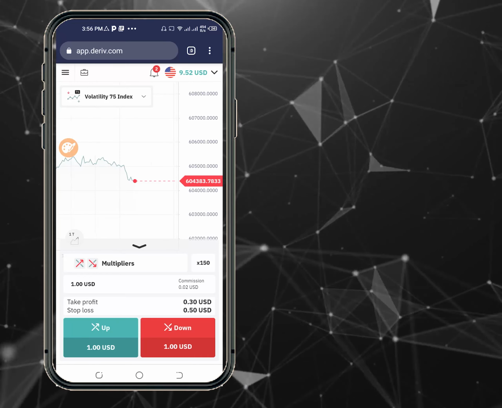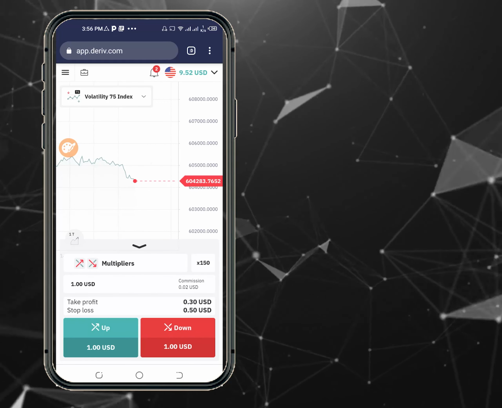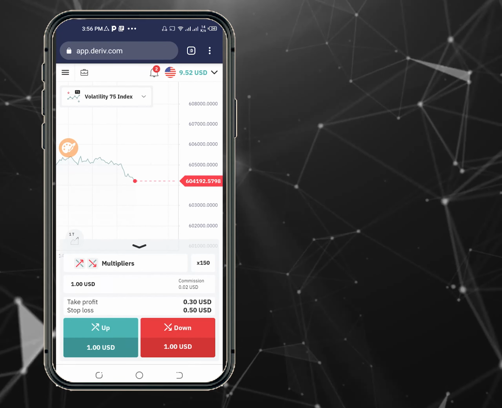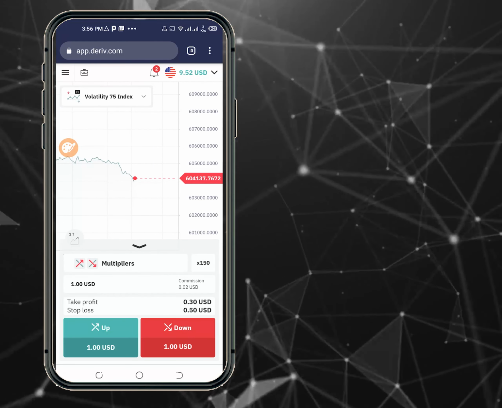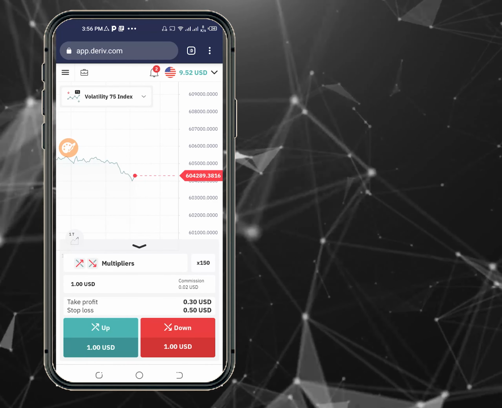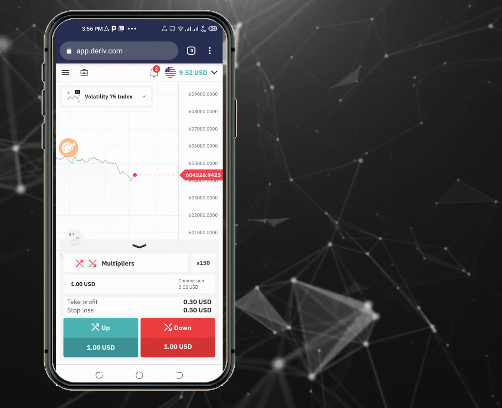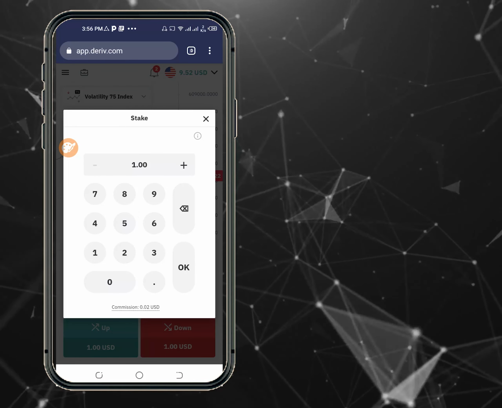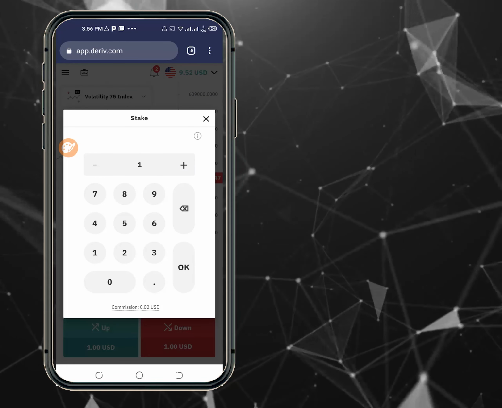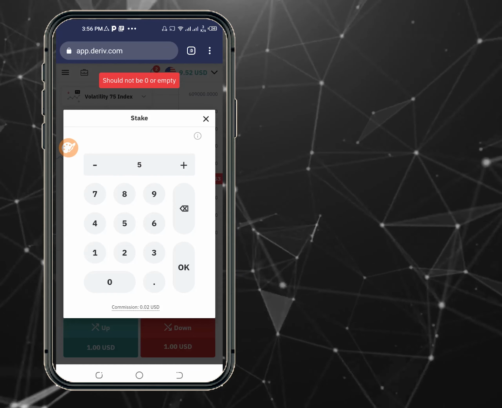Okay, fine. I'm going to try something bigger this time around. I'll put in $5 as my stake, and then we're going to see.